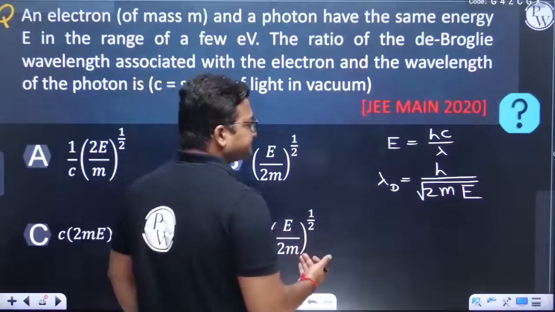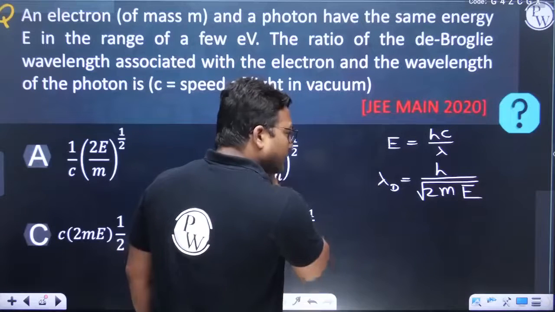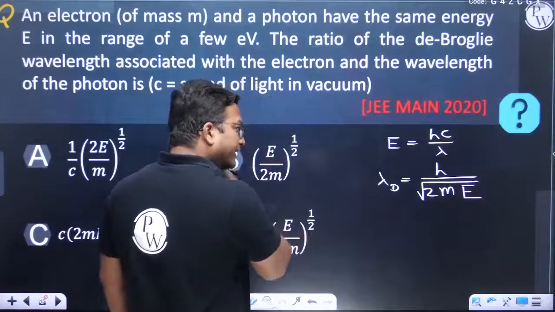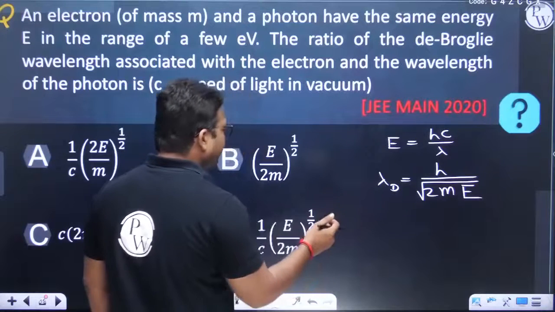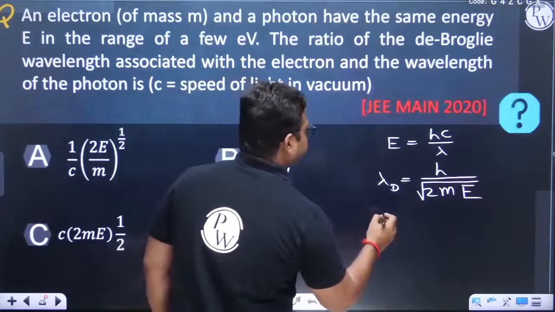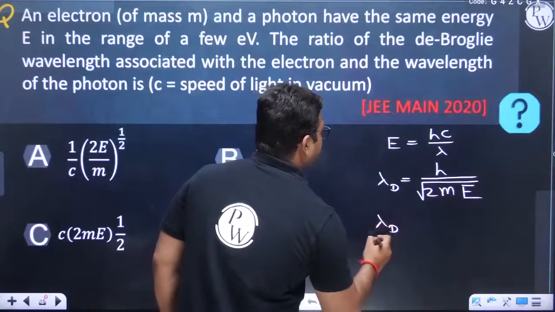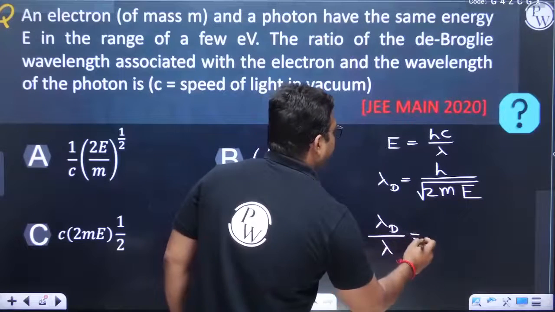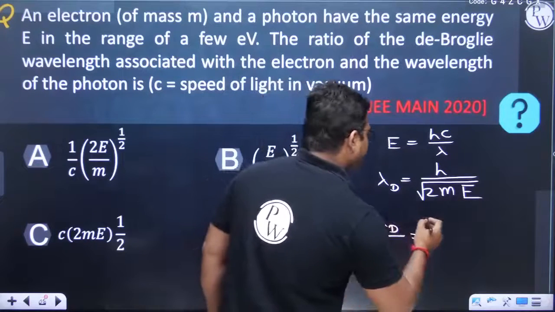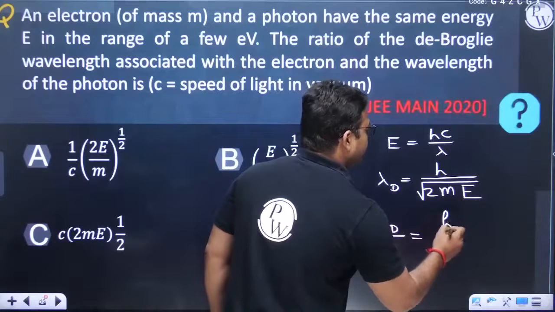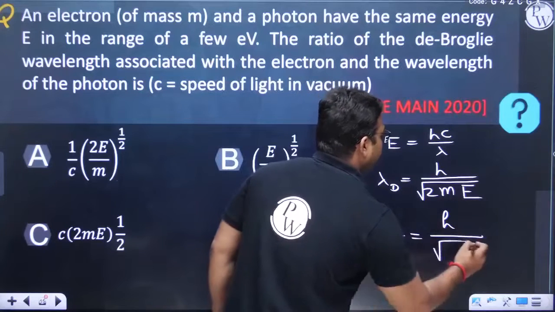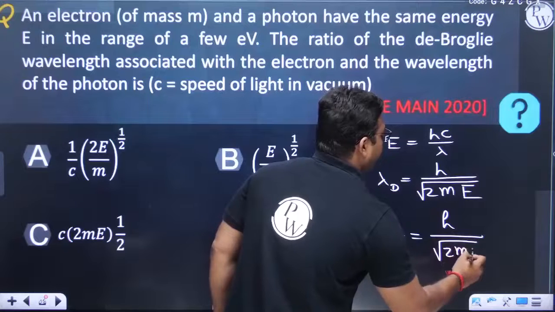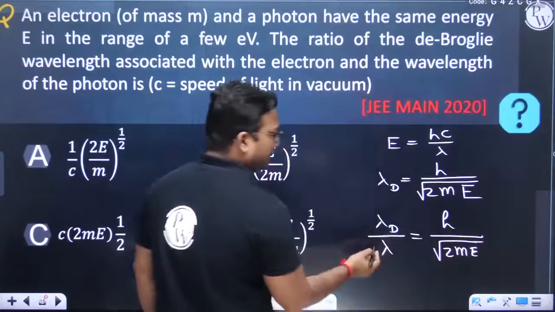So obviously let us divide these two. Lambda d divided by lambda is going to be, what is lambda d? Let us write lambda d as h divided by square root of 2mE, and 1 by lambda.